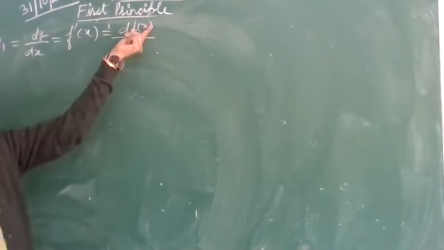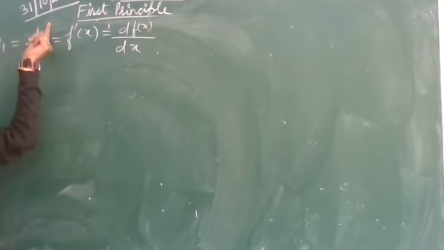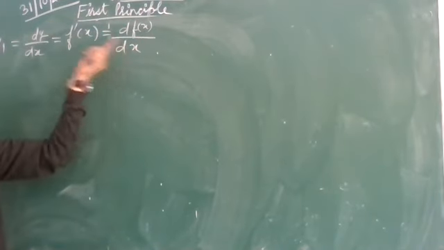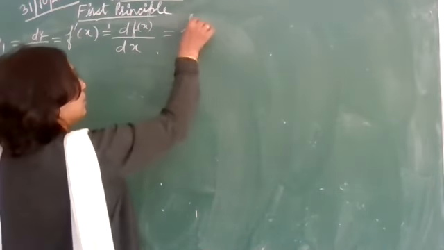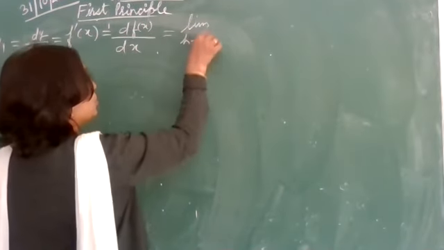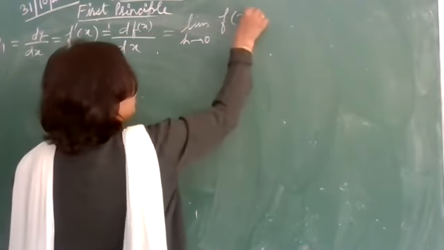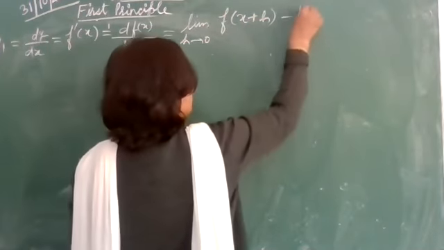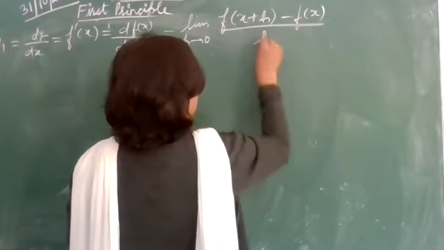Derivative of f(x). f(x) means y itself. So d of f(x) upon dx. In one of these ways you can denote the derivative. And this is limit h tends to 0, f(x plus h) minus f(x) upon h.